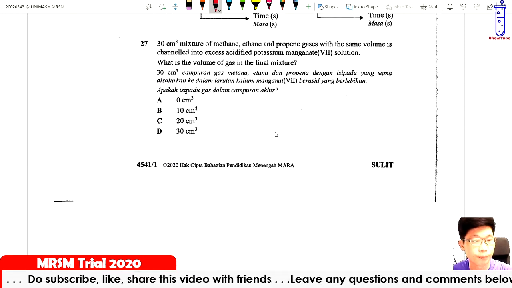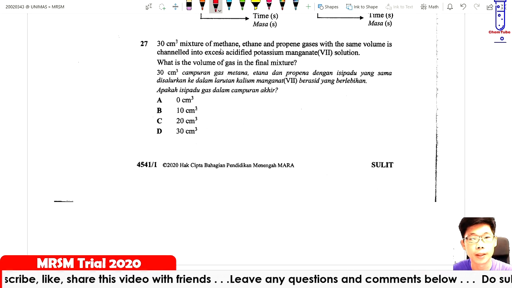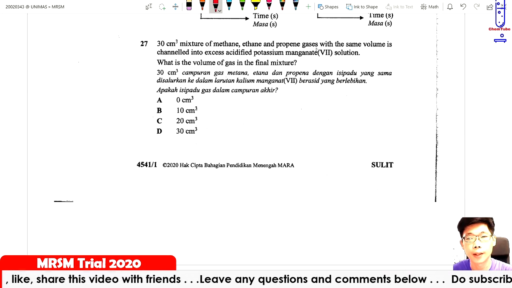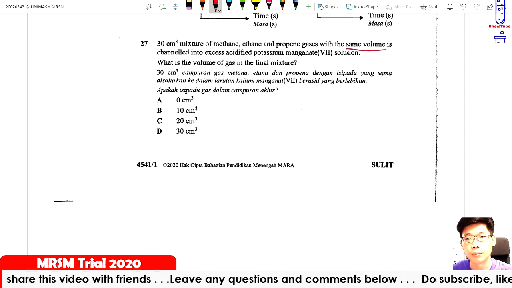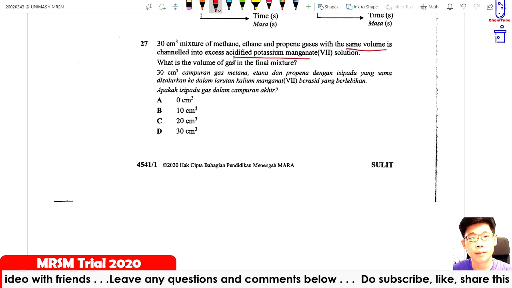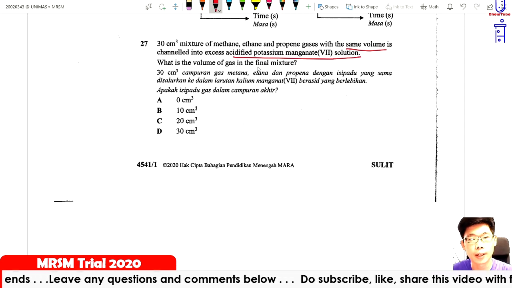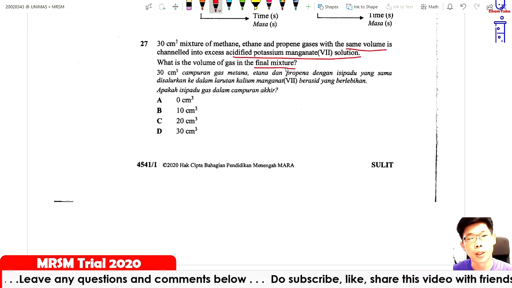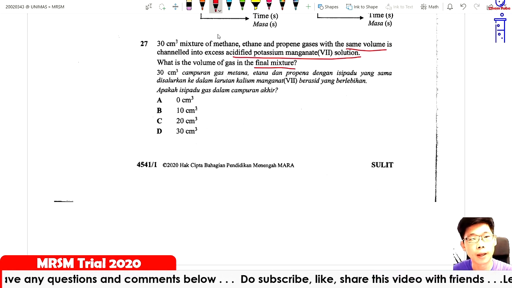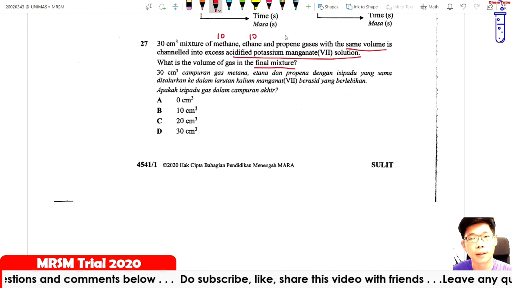27. 30 cubic centimeter of a mixture of methane, ethane and propene gas with the same volume is channelled into excess acidified potassium manganate(VII) solution. What is the volume of gas in the final mixture? Each gas will be 10, 10 and 10.